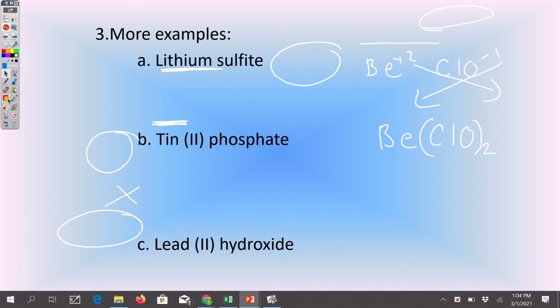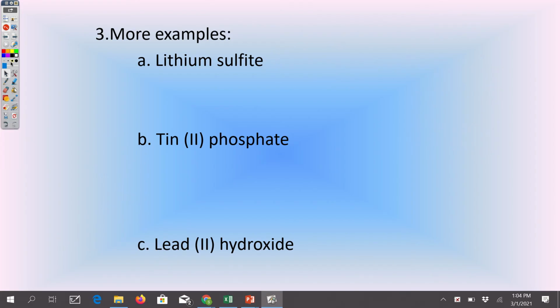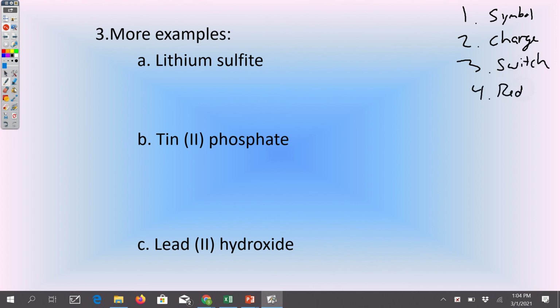All right, so you guys try these ones and see how you do. So remember, step 1 is symbol, step 2 is charge, step 3 is to switch them, and step 4 is reduce and parentheses.